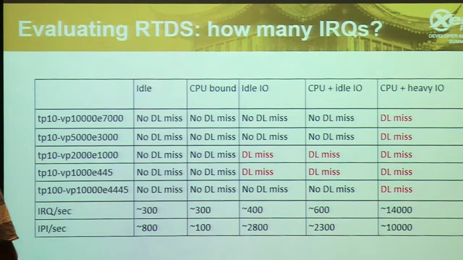IRQ is SPI with, I don't remember what else, but API is separated. But APIs are generated mainly by inter-domain communications, inter-domain activity.